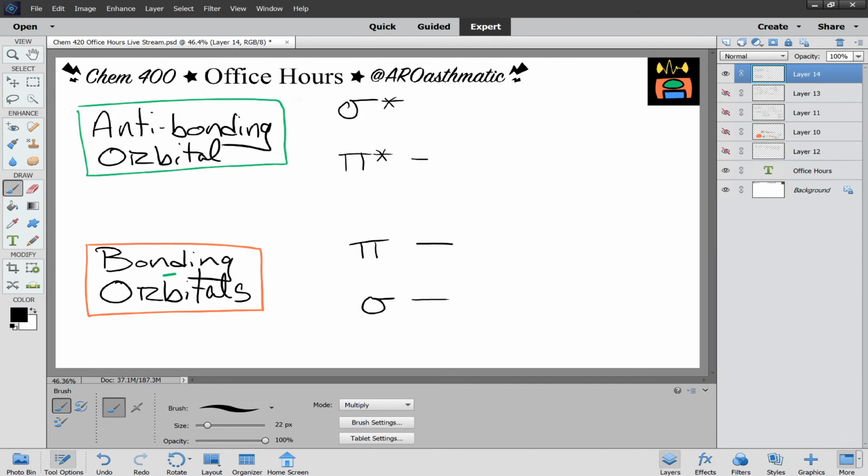Those are your high energy antibonding orbitals. If energy is the y-axis, you would line them up like this. The higher in energy something is, the less stable it is. High energy equals unstable.